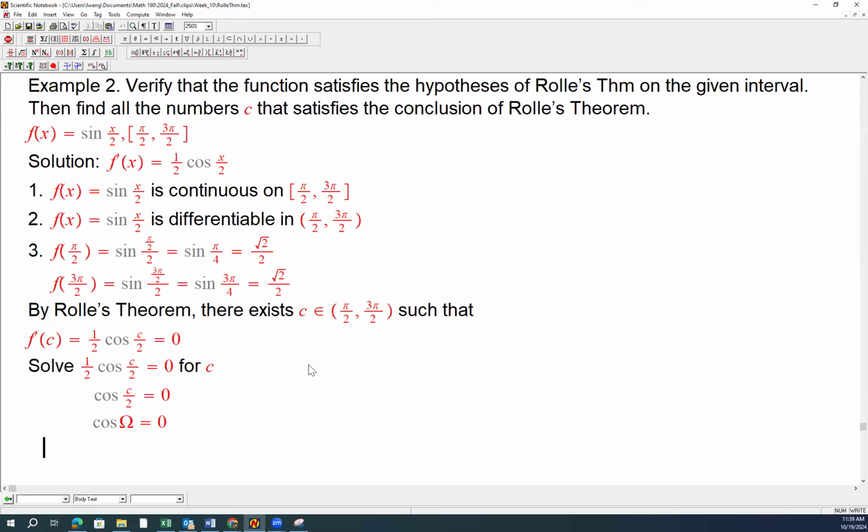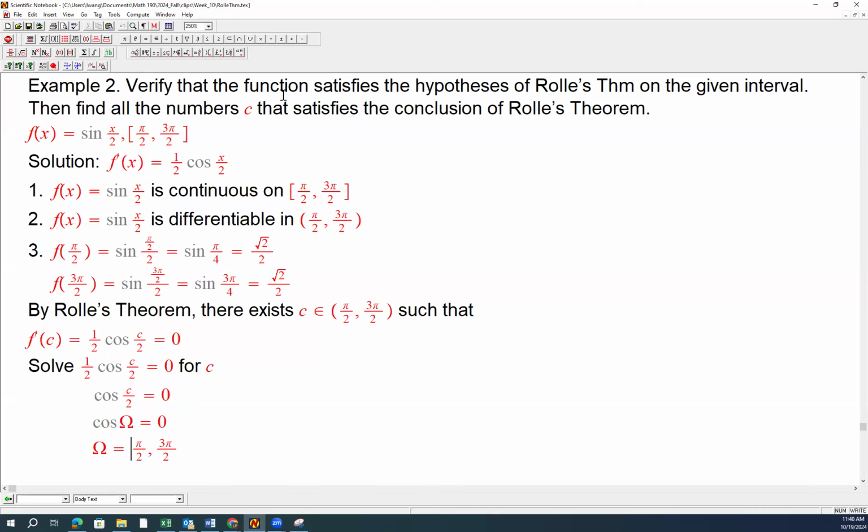Well, what does omega need to be? We know cosine pi/2 equals 0, right? So omega would be equal to pi/2, 3pi/2.